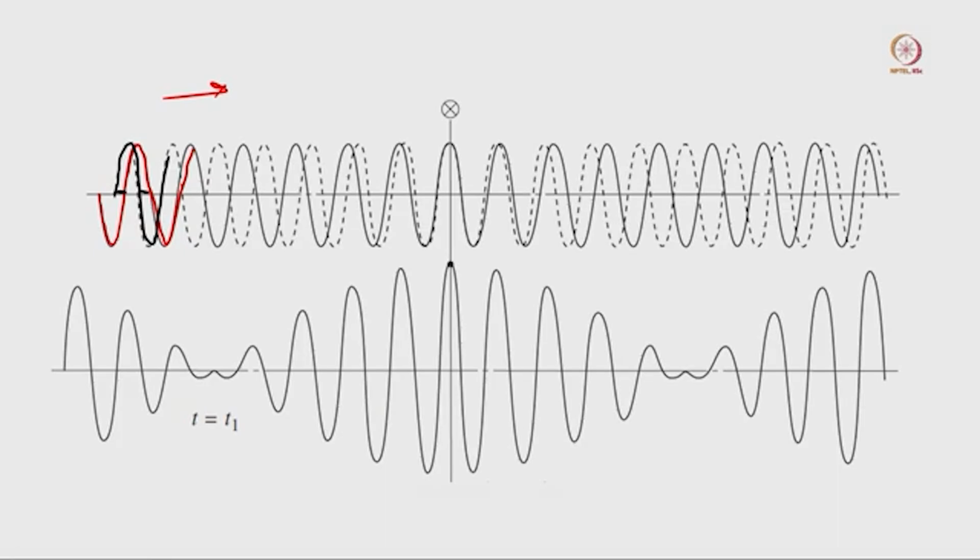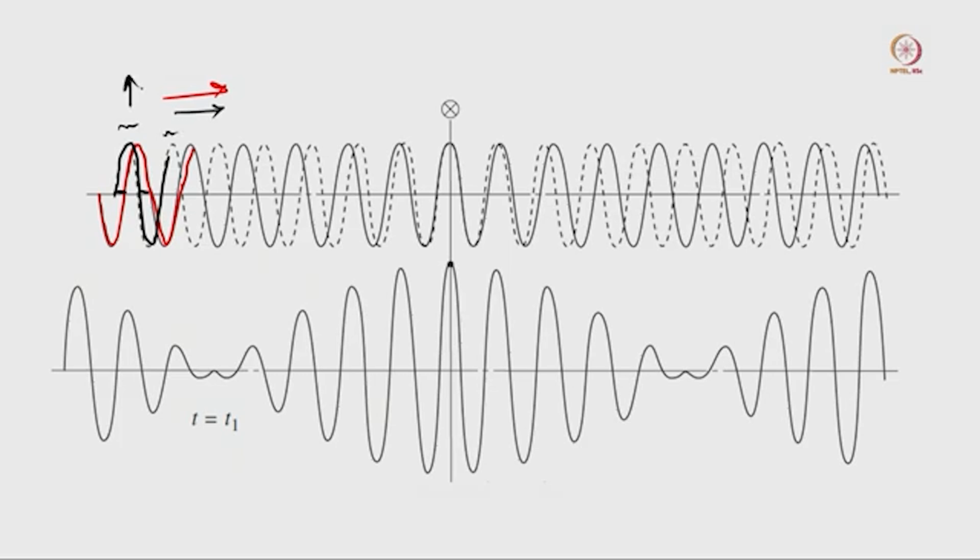There is a phase difference, and when both the waves propagate in this particular direction, after a certain time you can see that in the initial phase they are merged together and there is a boost in the amplitude.